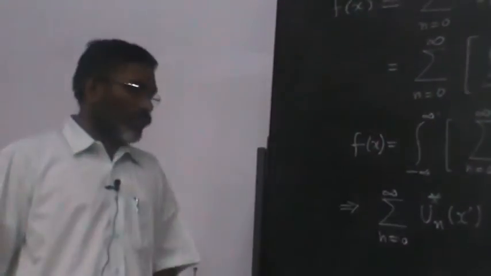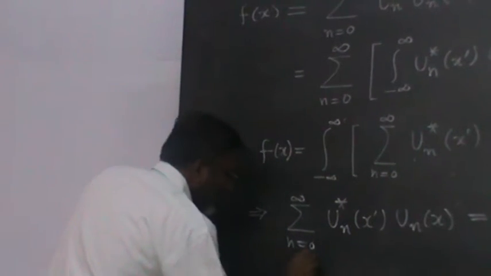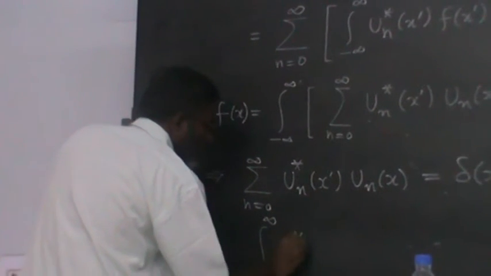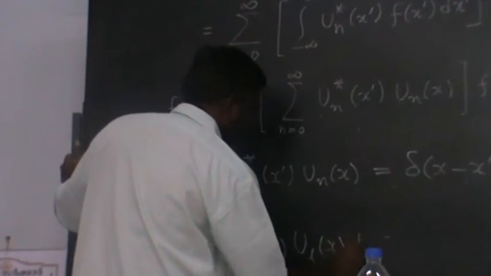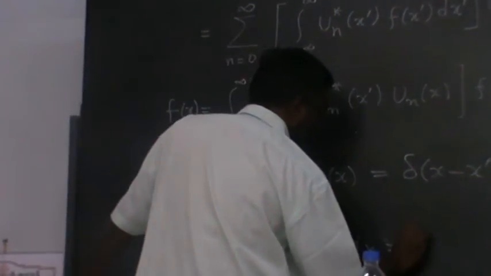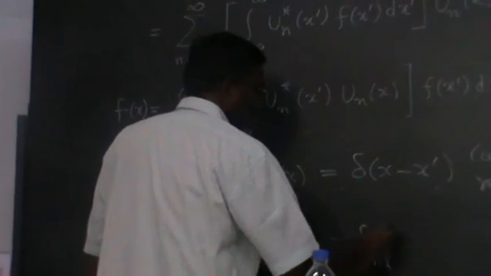Any basis which exhibits this, plus the integral from minus infinity to infinity of un star of x times ul of x dx equal to delta nl, this is called orthonormal.